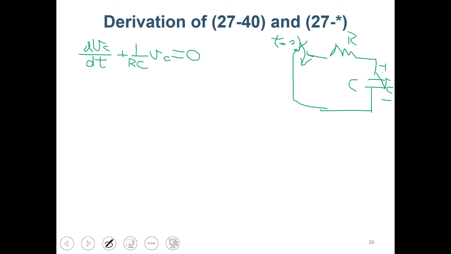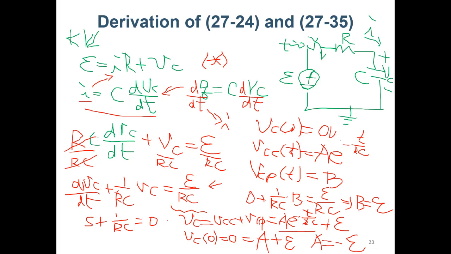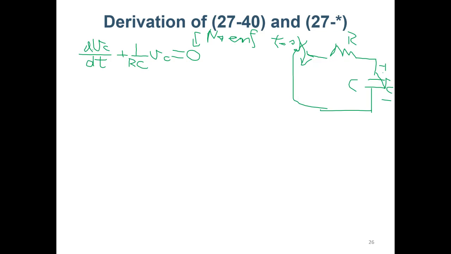Because at this time we don't have the EMF, on the right hand side it is only 0. But in the previous case, we have E over RC on the right hand side, because we had an ideal voltage source there, but here we don't have an EMF, so there's a 0 on the right hand side.